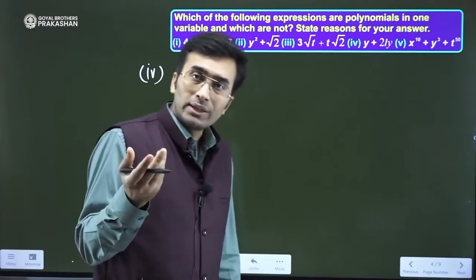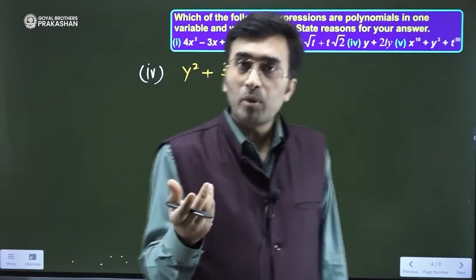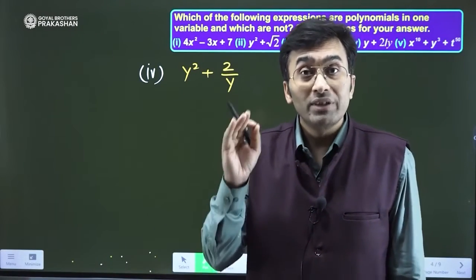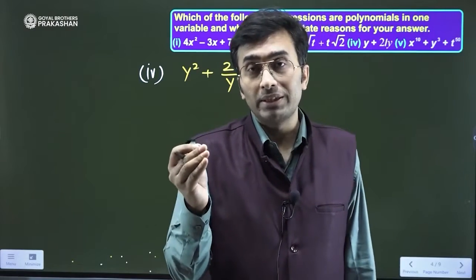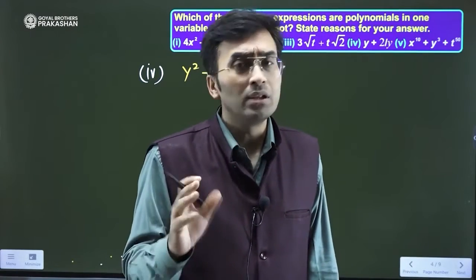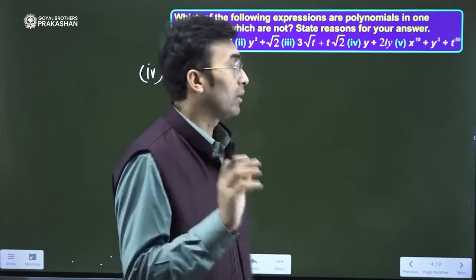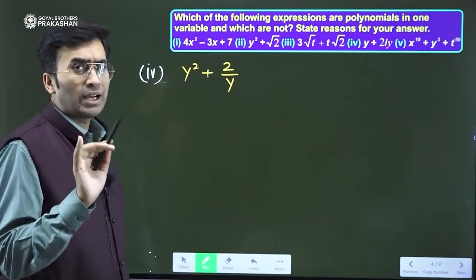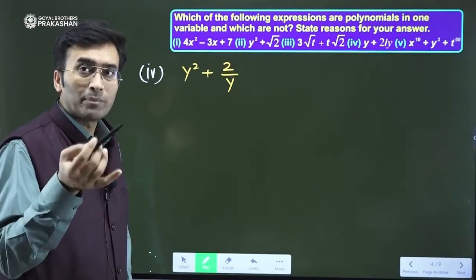As per the concept, whenever we check a polynomial, we see the power of the variables. If the power is a whole number, it's a polynomial. The first term looks good, that is y square, because the power is 2.